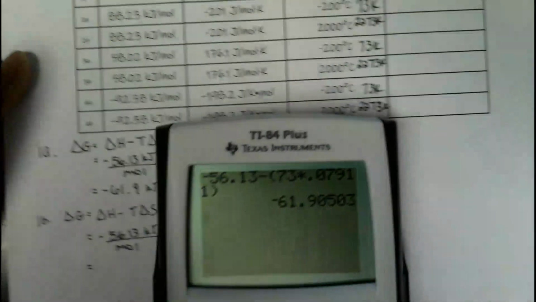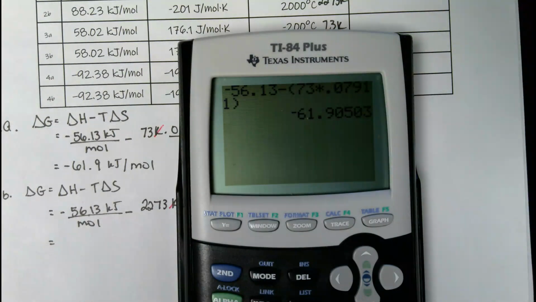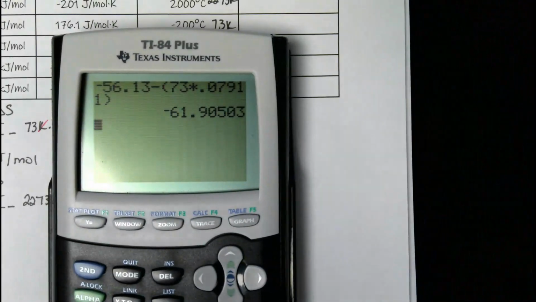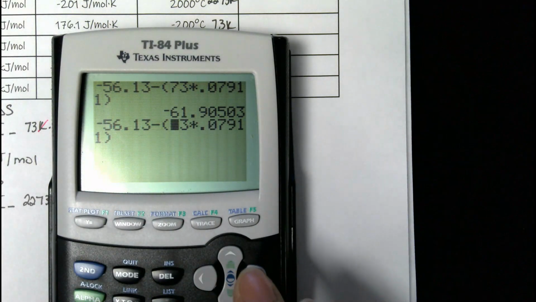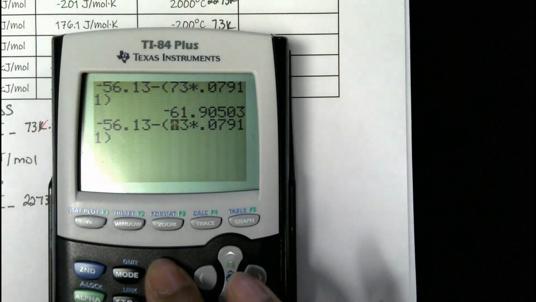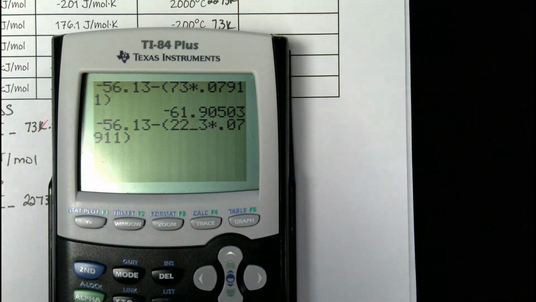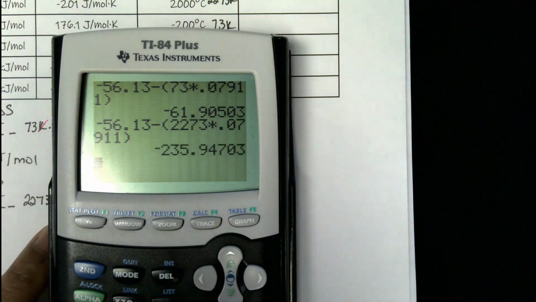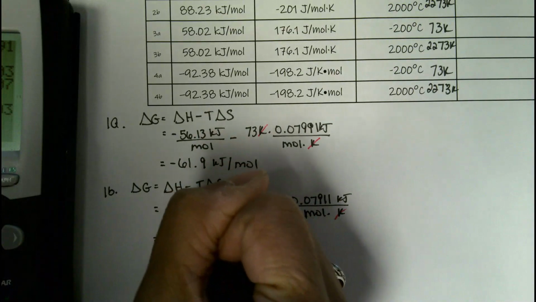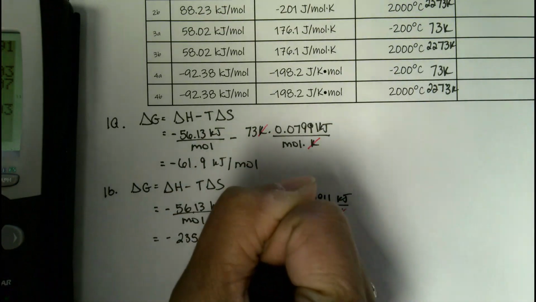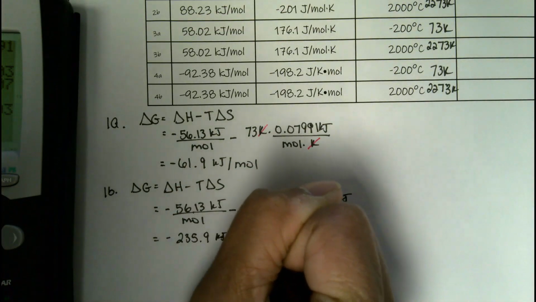So to put this in my calculator, I'm going to use a shortcut. Let's see if you can see that. I'm making sure everything else matches up correctly. Cool. And then I get negative 235.9 kilojoules per mole.